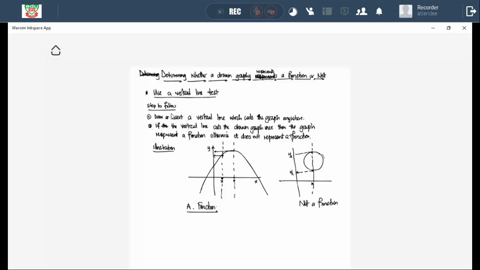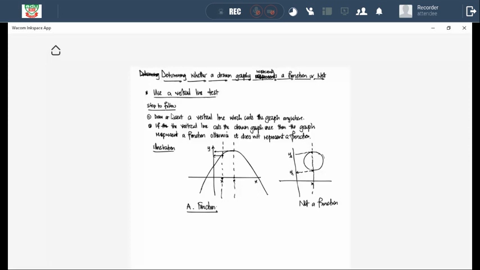How do I know graphically that this is a many-to-one function? Now, how do you test that this is a one-to-one?